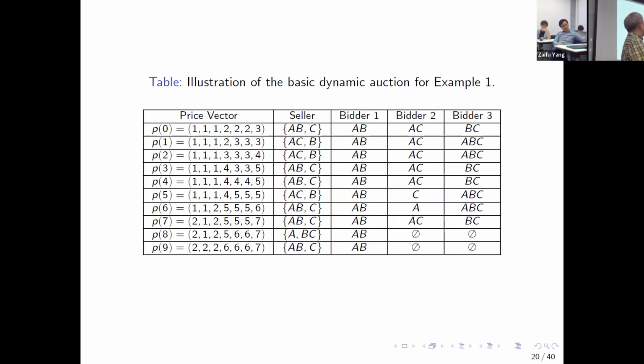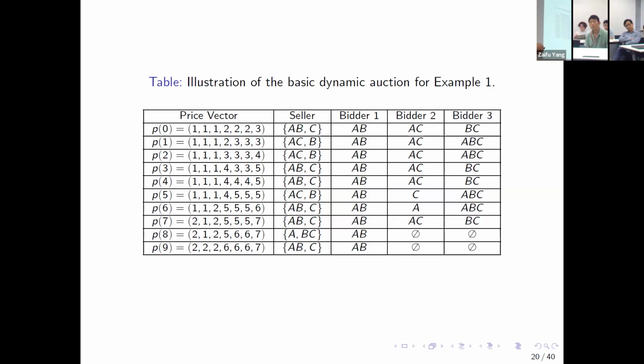We should assign that bundle to that bidder, and that bidder should pay the last price. So this means that C should be assigned to bidder 2, and bidder 2 should pay this price.